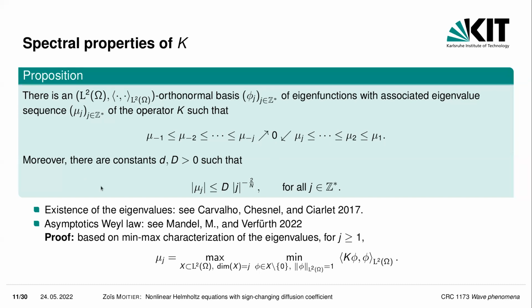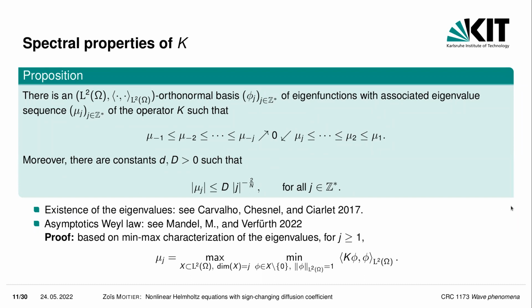And moreover, we have this Weyl law on the eigenvalues. So the existence of the eigenvalues is done in this paper, and we had this Weyl law based on the min-max characterization of the eigenvalues.